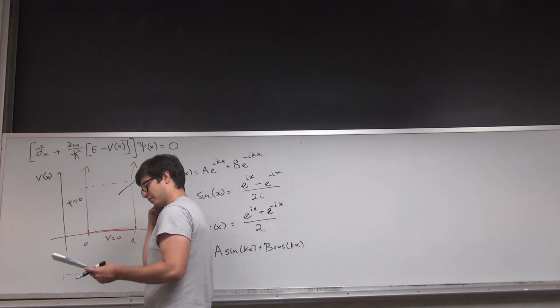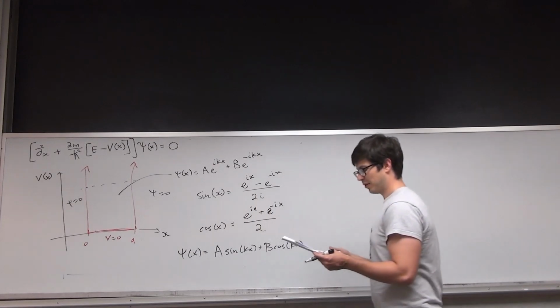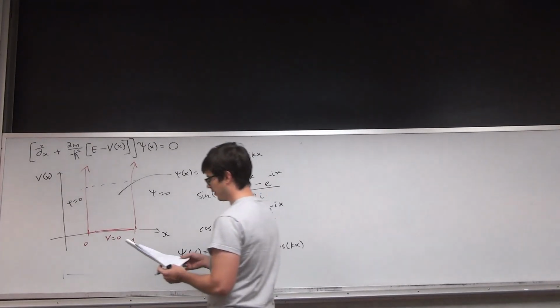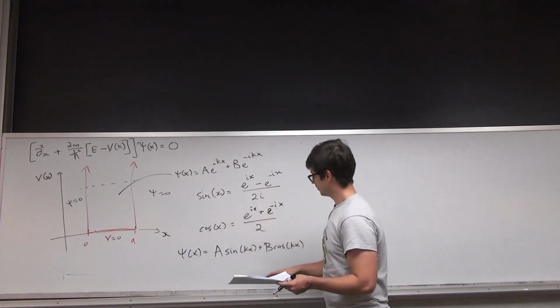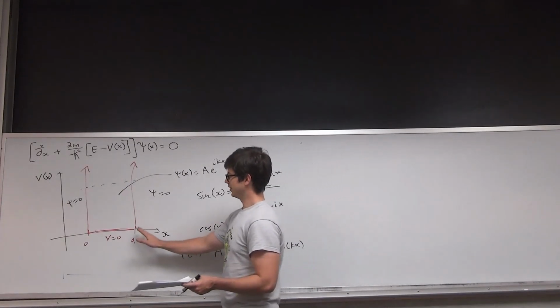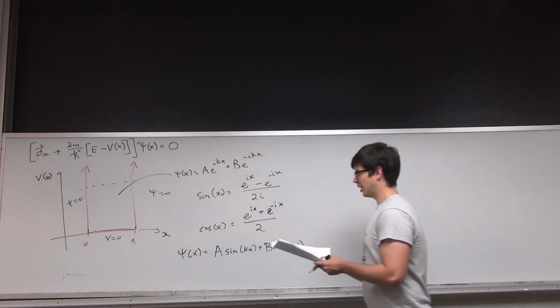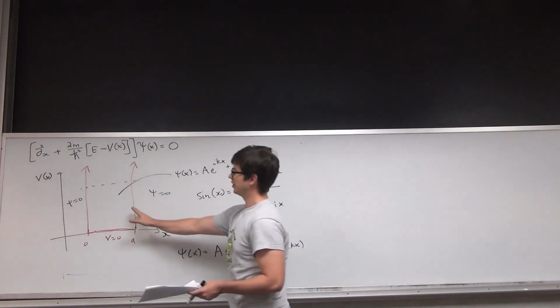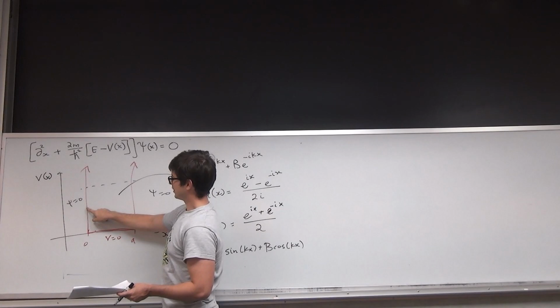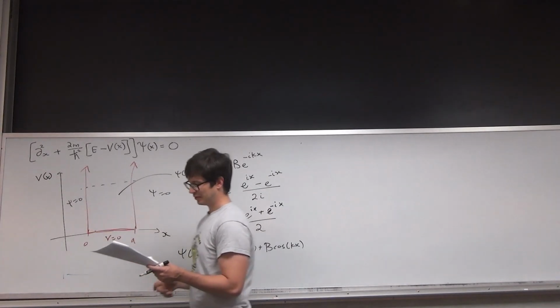And, well, what do we know? We know that the solution has to vanish out here in these regions. So the function has to go to 0 at these 2 points.